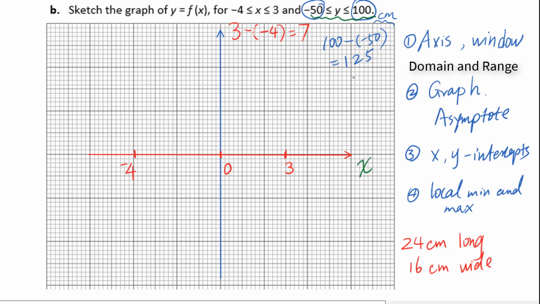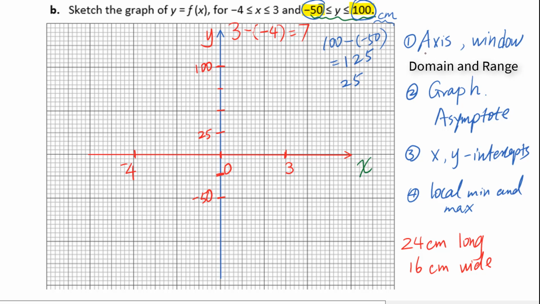We will use 25 as 1 unit. Make sure -50 and 100 are clearly labeled. So this is 25, and 50, 75, or 100 here, label as 100. Negative 25, negative 50.